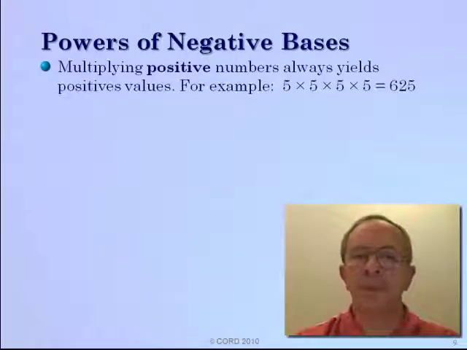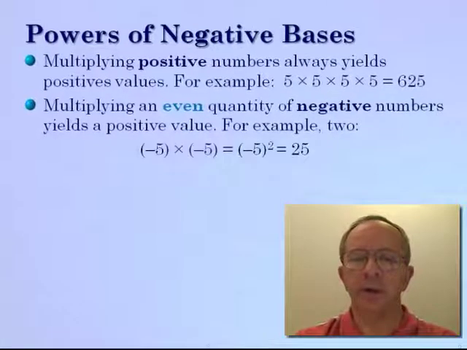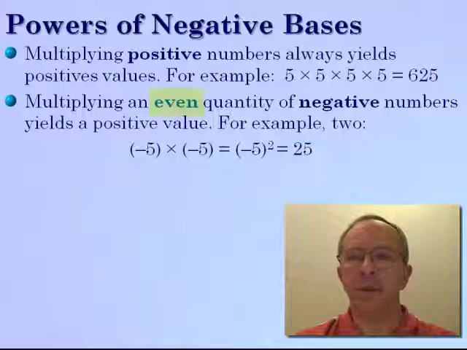Now, multiplying positive numbers always yields positive values. However, if we have negative numbers, multiplying an even quantity of negative numbers will yield a positive value. So if we multiply -5 times -5, that's (-5) squared, we'll get 25, a positive number.